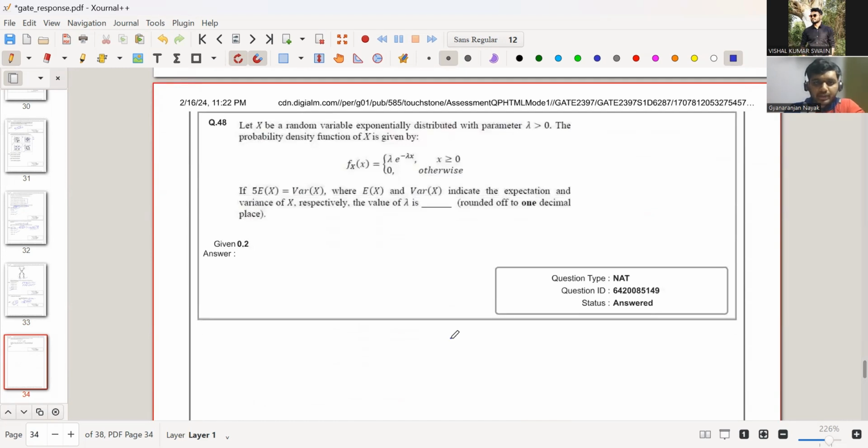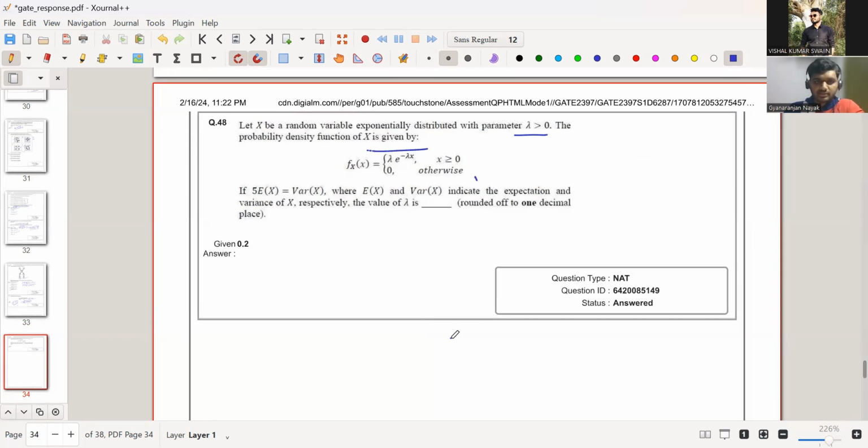Question 48. Let X be a random variable that is exponentially distributed with parameter lambda. The probability density function of X is given by f(x) equal to lambda e to the power minus lambda x for x greater than or equal to 0, and 0 otherwise.